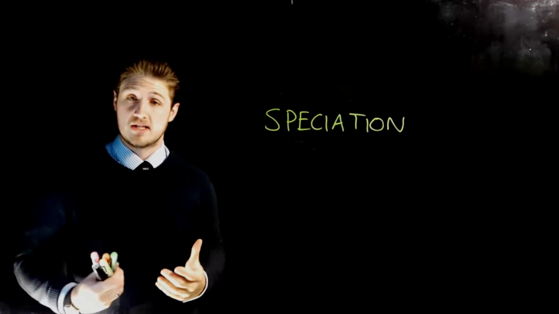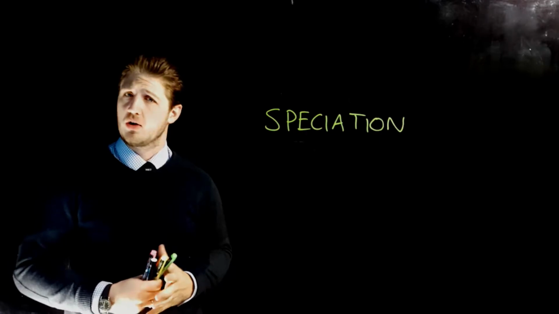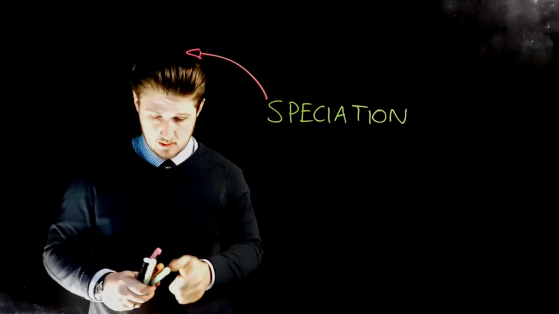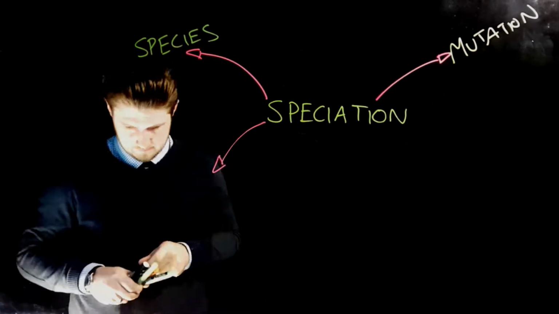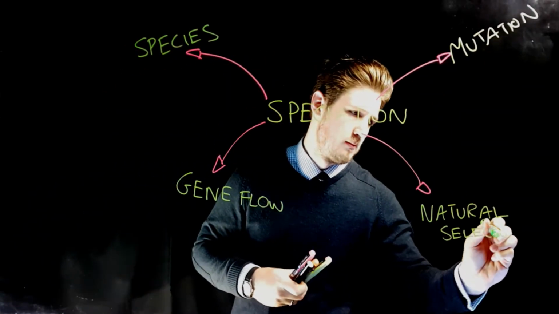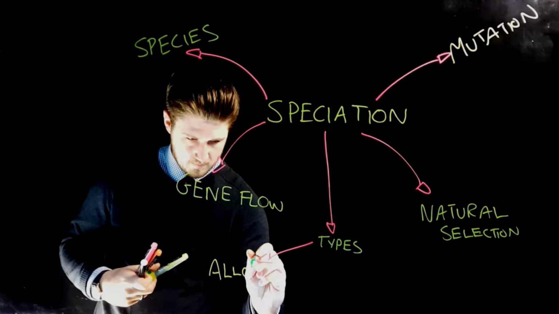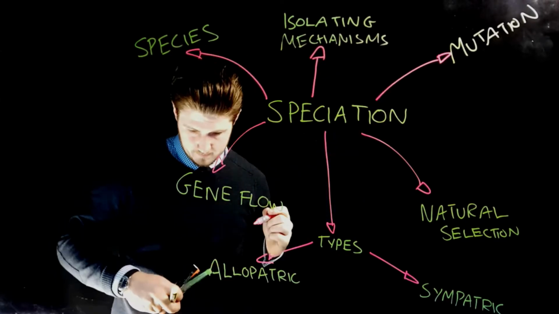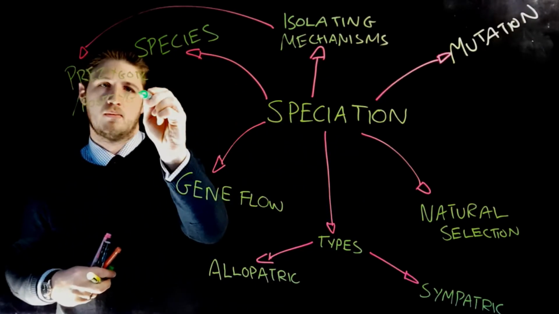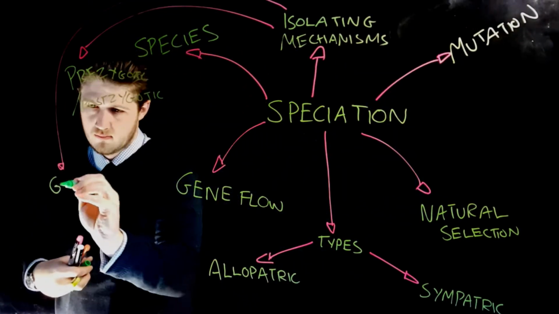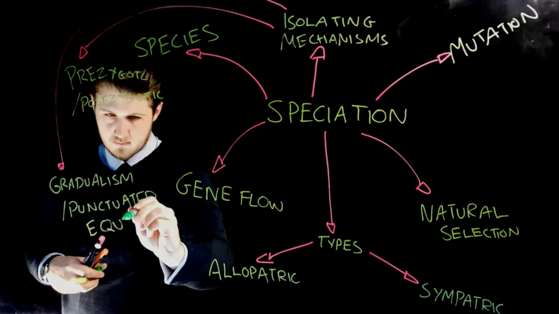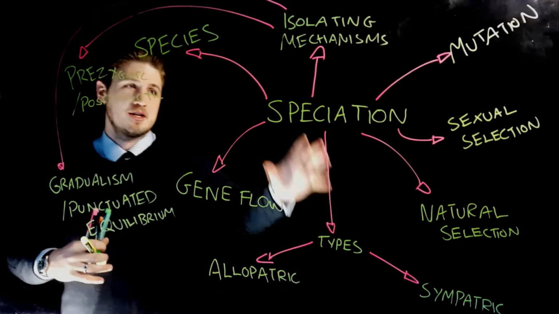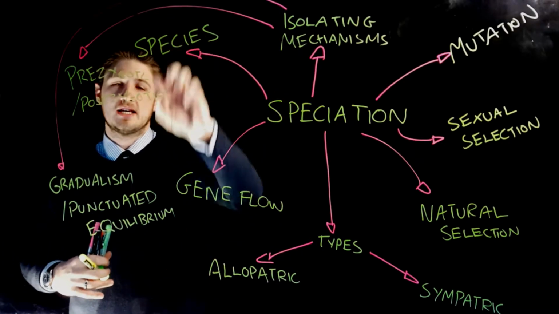Now, what is speciation? Throughout this topic you're going to come across a few new terms. They are as follows. So there you have it. Speciation is going to cover these things called species.